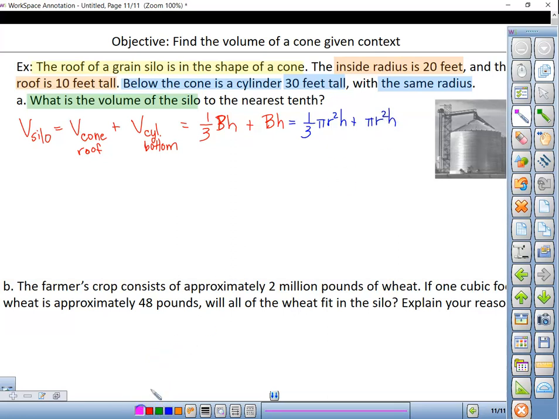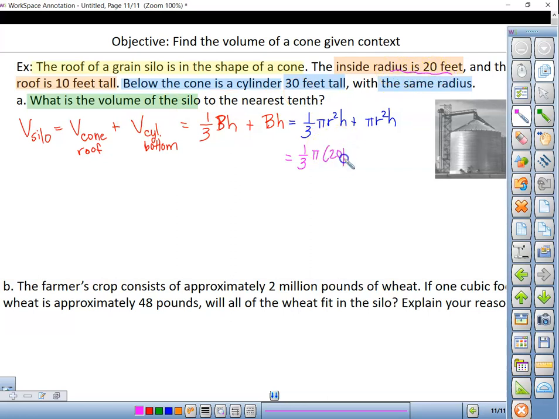Now, in the next step in which we're going to figure out our numbers to use for r and h, we do want to make sure we're careful about using the radius and height for the cone in this part and the radius and the height for the cylinder in this part. Otherwise, we won't get the right answer. So I've got 1/3 times pi. My radius for the cone, which is the roof, is 20 feet.